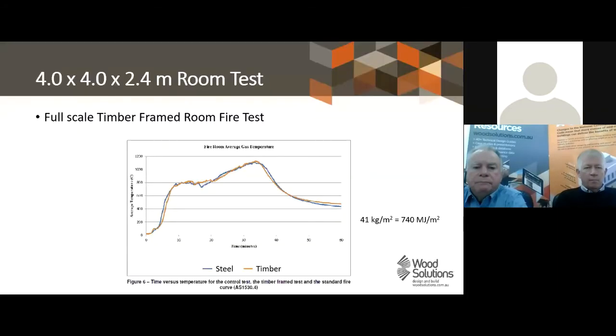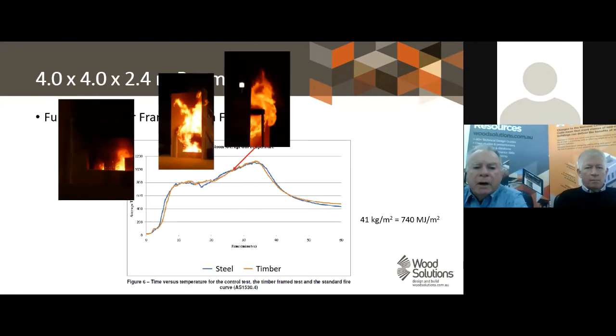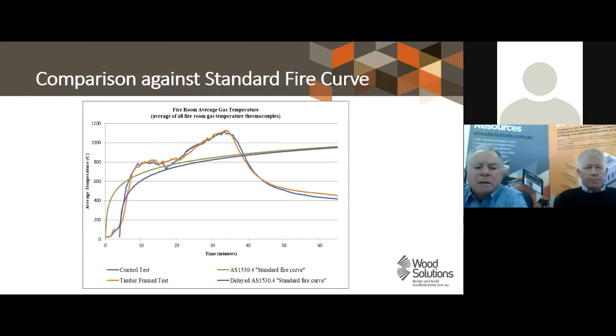This was the curve that resulted from those tests. It was a comparison of timber stud versus steel stud, and you can see the parametric curve that resulted. So we have different stages of fire growth and then decay as compared to the standard fire test, the green line.